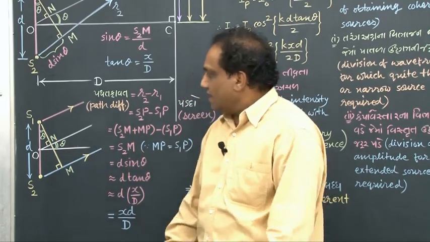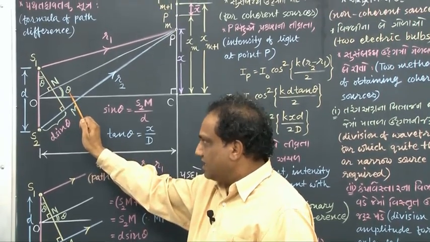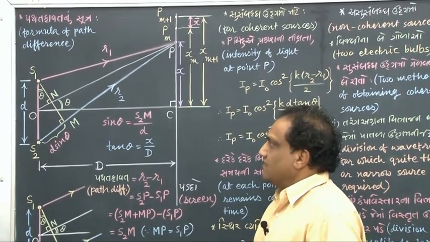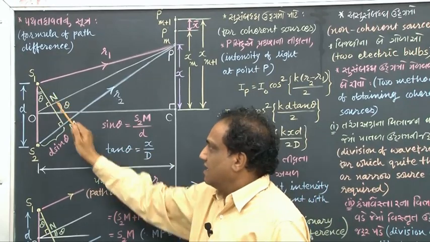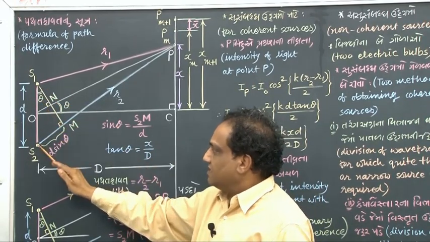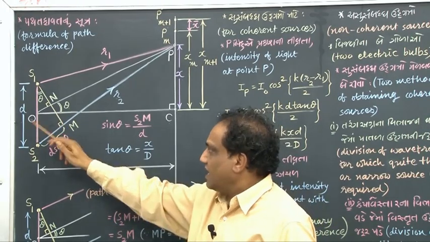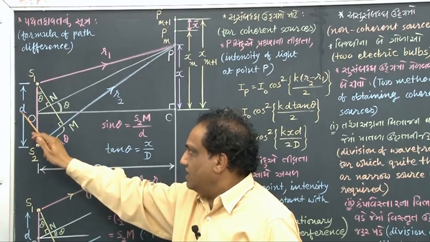Now this angle I have shown here is theta. This angle is also theta. Now just find sin theta. In this right angle triangle, sin theta is opposite to theta, that is S2M, divided by the hypotenuse, which is small d.